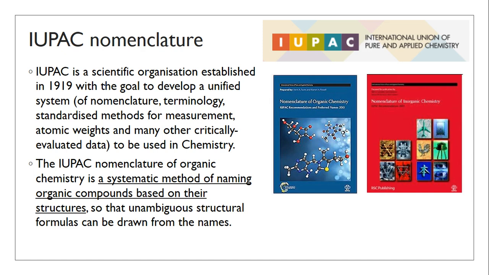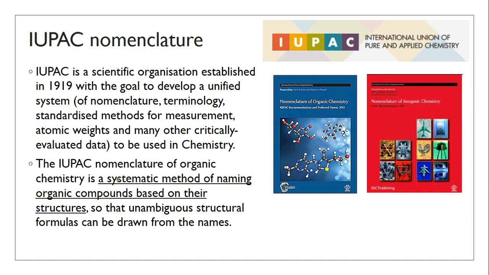The main function of the IUPAC is to establish some consistency when it comes to chemistry, from the way things are named to what is the acceptable mass of something, to the acceptable definition of any concept in chemistry. The main reason for doing that is so that we have consistency in international collaboration, and people understand what they are talking about even if they come from different backgrounds.